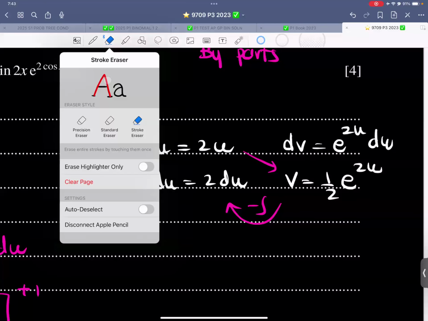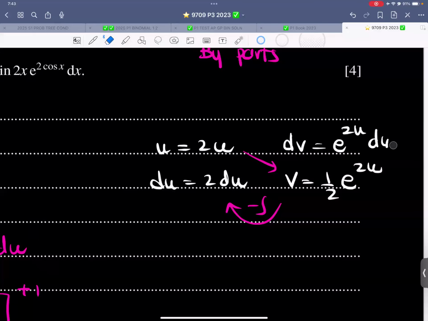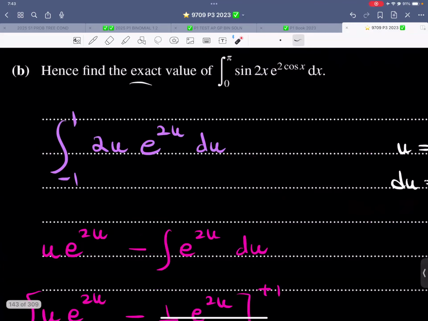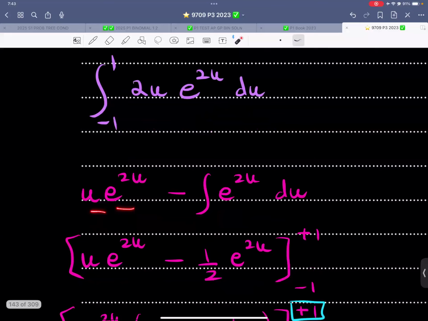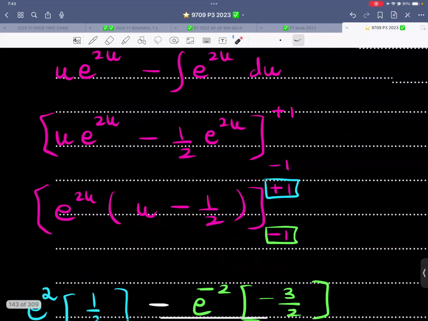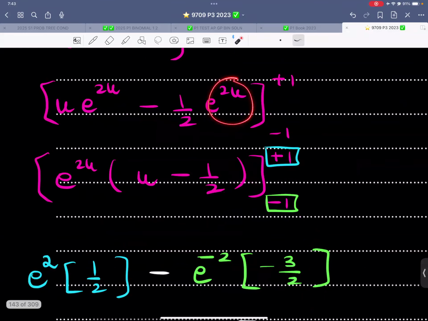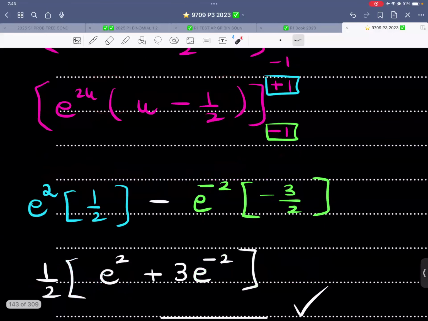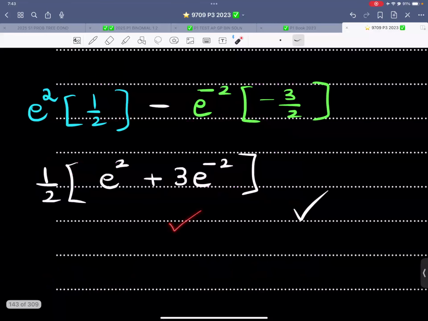Let me just write it properly. Okay. So therefore, v is this thing. You integrate and you get this thing. uv minus integral v du. That is basic integration. Take common, plug in the limits, simplify, and that was a very straightforward question.